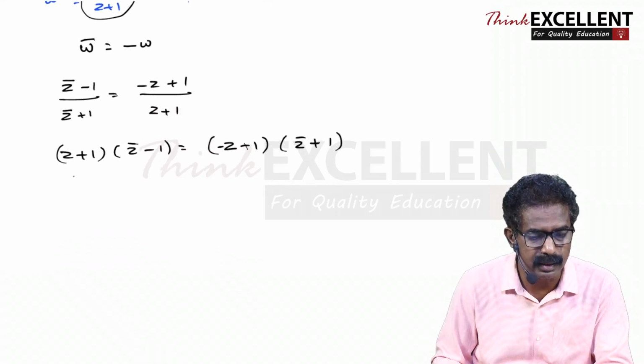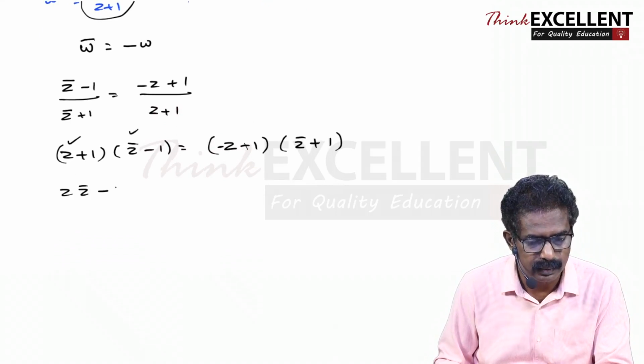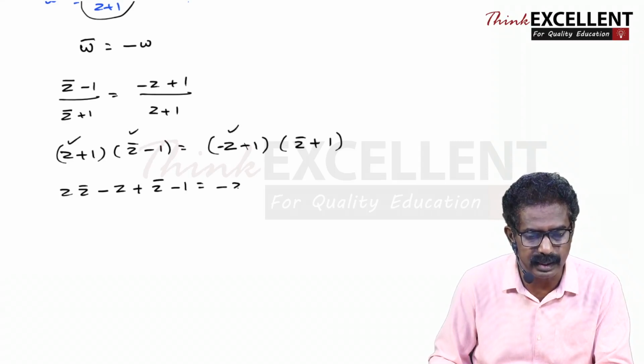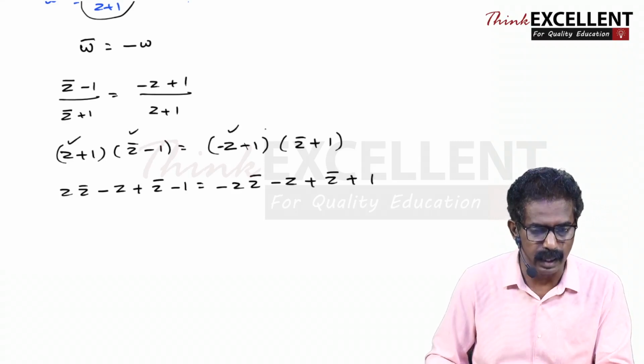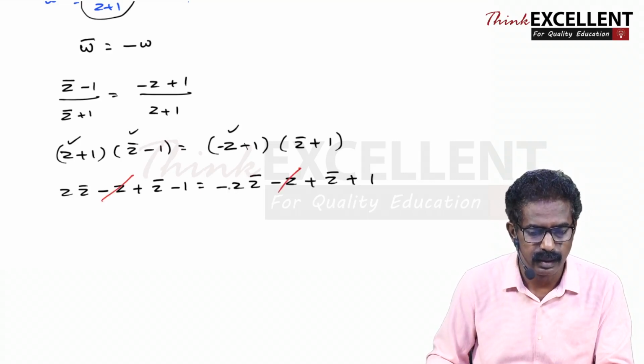Now just expand it. Z into Z bar, Z into 1, plus 1 into Z bar, plus 1 into minus 1. Here by this minus Z you multiply: minus Z Z bar, minus Z into 1, plus 1 into Z bar, 1 into 1. So you can cancel minus Z plus Z bar, you cancel.